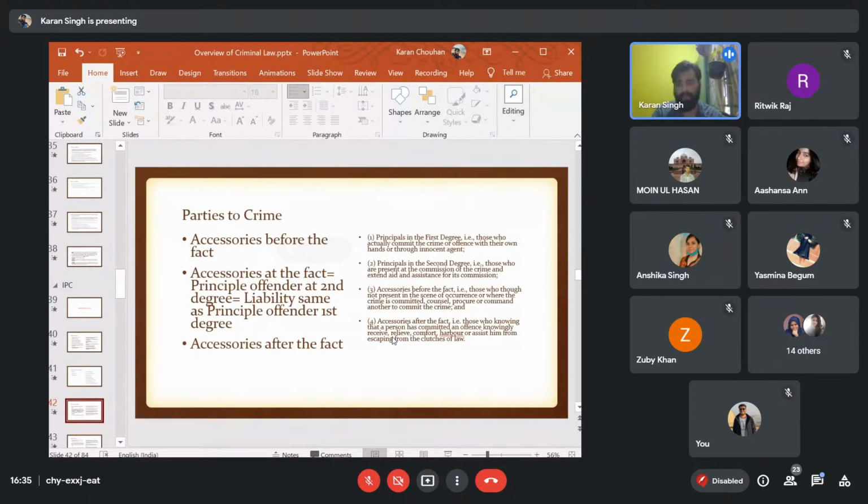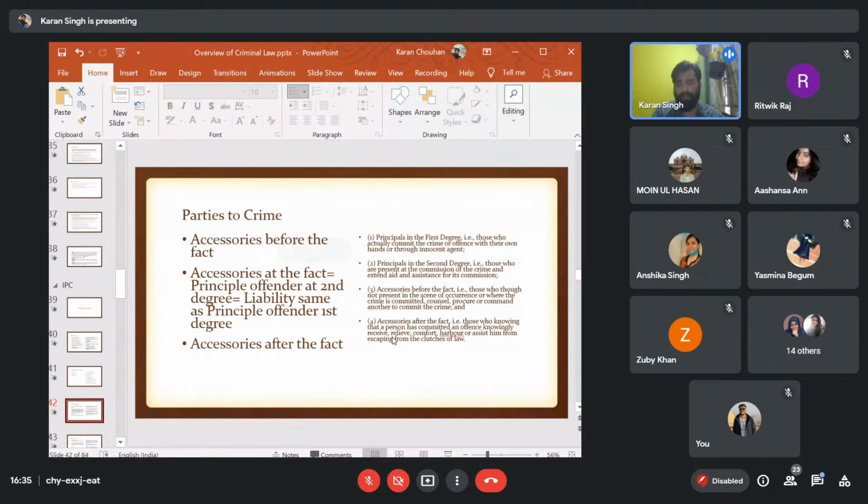In the explanation part only, there is one very specific section which is provided, section 34. Again, it is a definition only, or you can say an explanation only, of the term called common intention. Section 34 says: act done by several persons in furtherance of common intention.